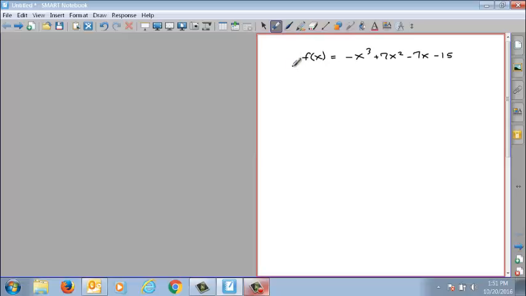So the first thing we're going to do is find the critical numbers by taking the derivative. So we get negative 3x squared plus 14x minus 7. And we set that equal to 0.